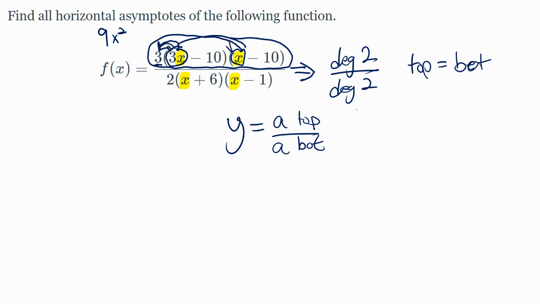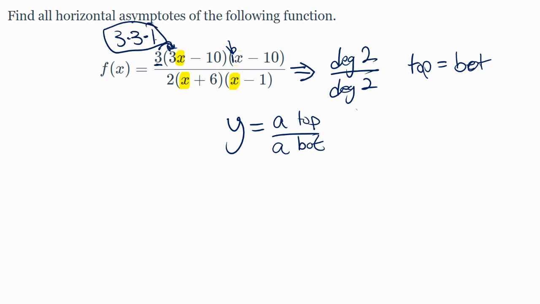And then if there was a number over here in front of this x, but there isn't, so I just focus on the 3 times the 3 right here and this 1. So really the 3 times the 3 times the 1 is my leading coefficient of the top. So that's 9 over the leading coefficient on the bottom is 2 times this 1 times this 1.